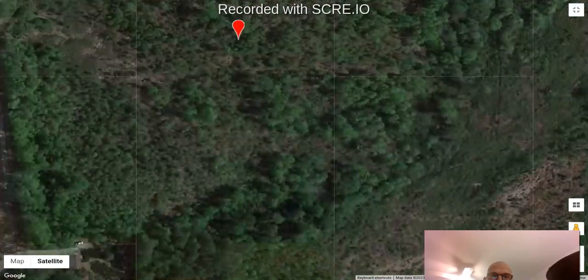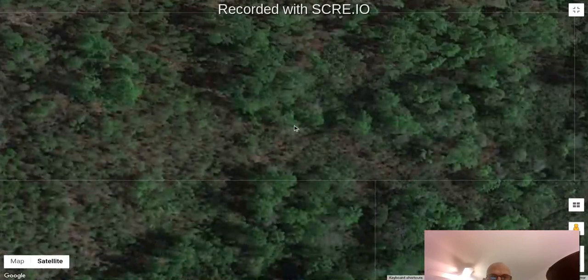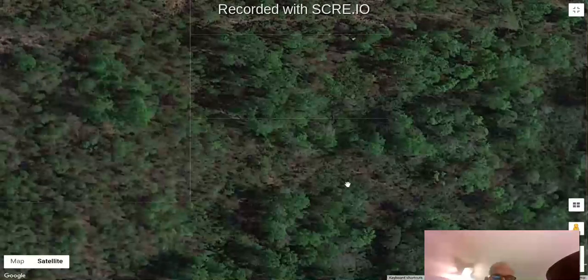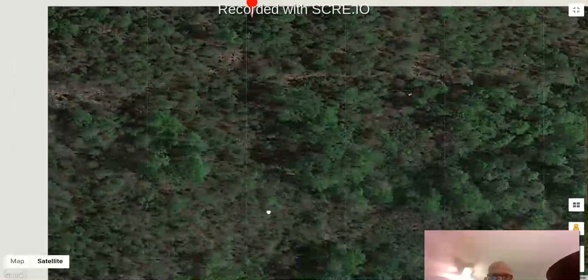So I'm having to zoom in here a bunch of times until it shows the property lines. Sometimes you have to zoom in quite a bit on PropStream before you see the actual boundaries. So now you can see these white lines are starting to fill in. Let me move this around so we can get to one edge or the other.